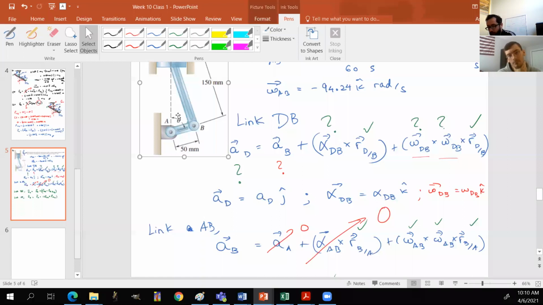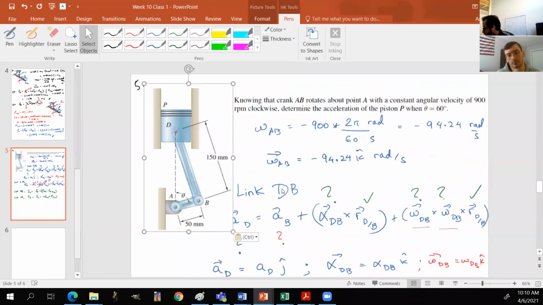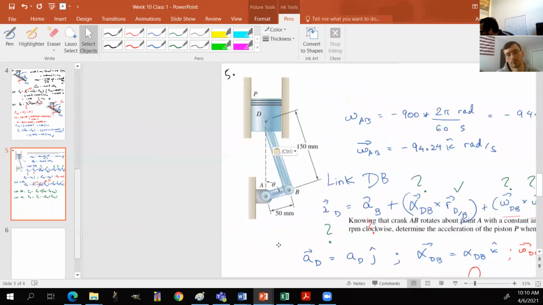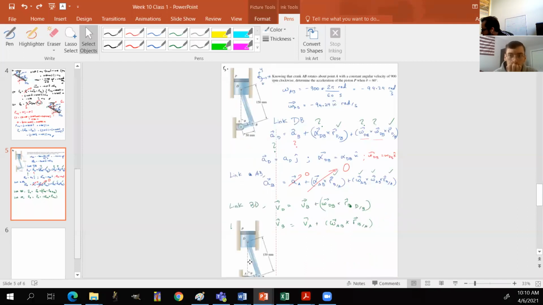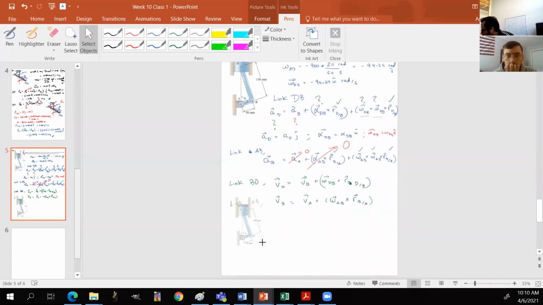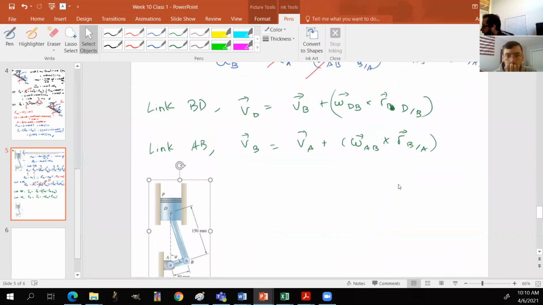Zero, right? It's 0 because A doesn't move. This term here is equal to 0.